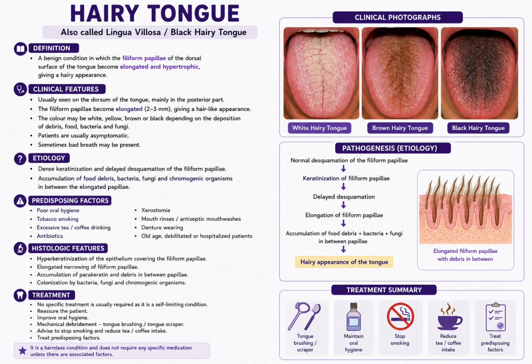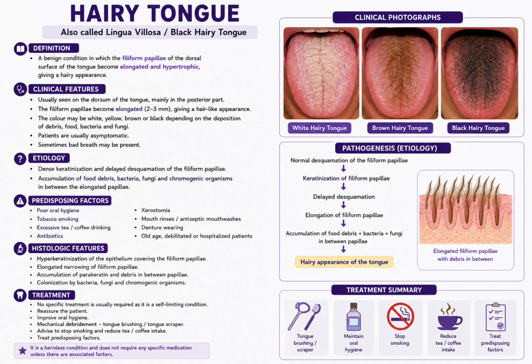So what are the things we said? Hairy tongue is mainly due to the deposition of keratin on the filiform papilla. The filiform papilla enlarges, and food debris, bacteria and fungi get deposited. This is called the hairy tongue. For the clinical features, mainly the midline area is affected, with a black to yellowish appearance of the tongue, mainly seen in smokers.